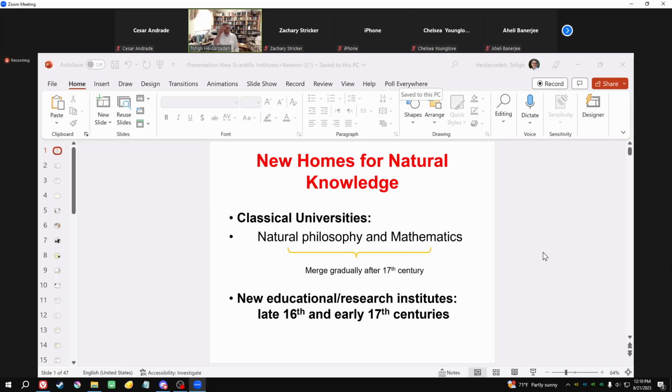Descartes proposed this mechanical philosophy. He explained everything based on particles in motion, and then by using mathematics and geometry, you would be able to just trace the motion of these particles. You can express everything in a mathematical and geometrical way.